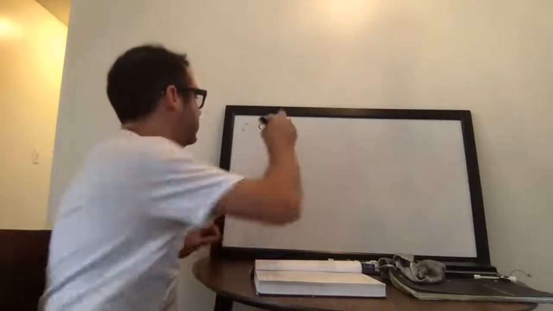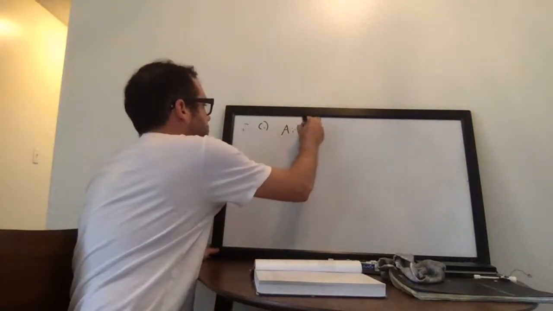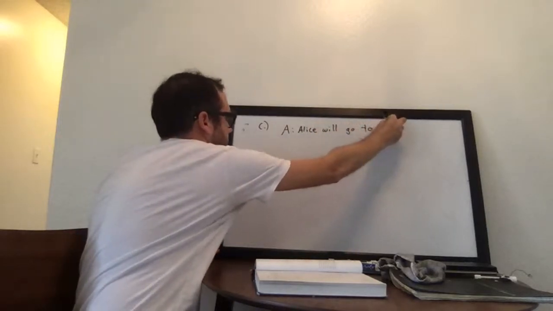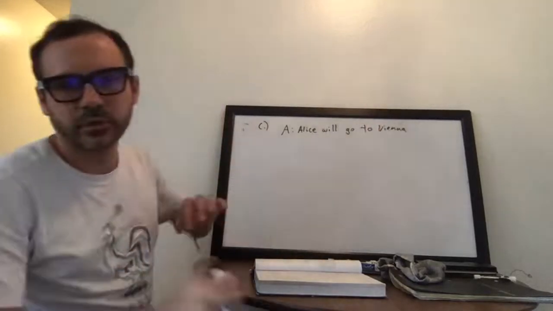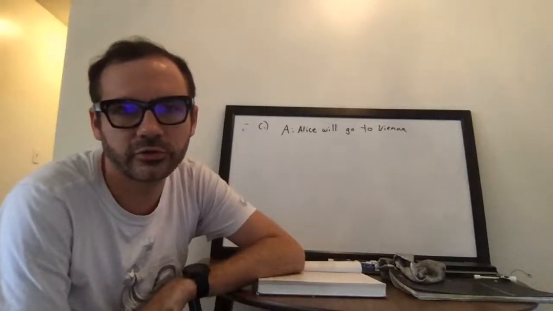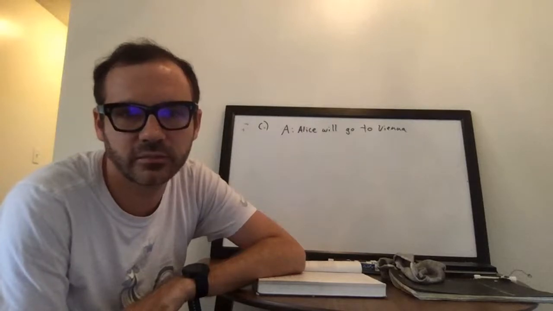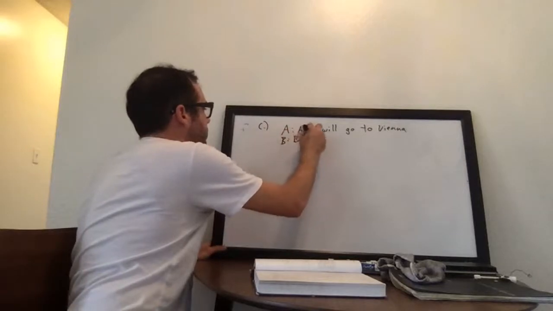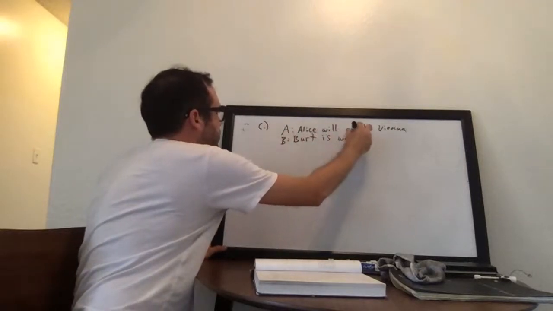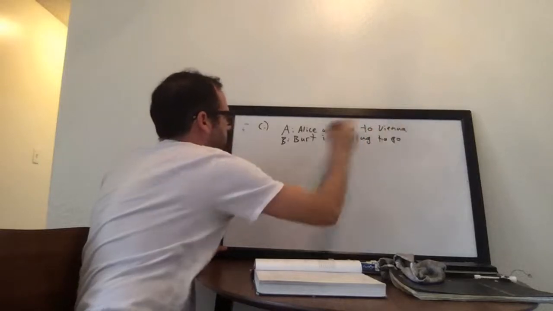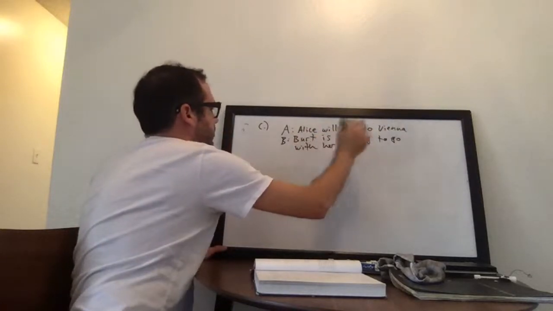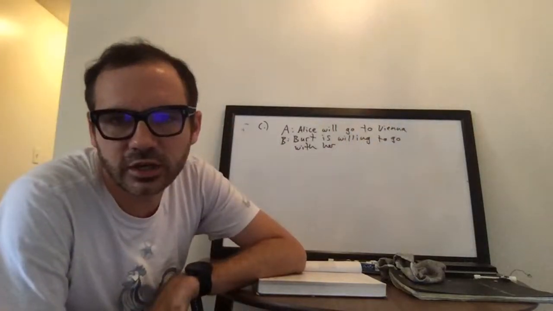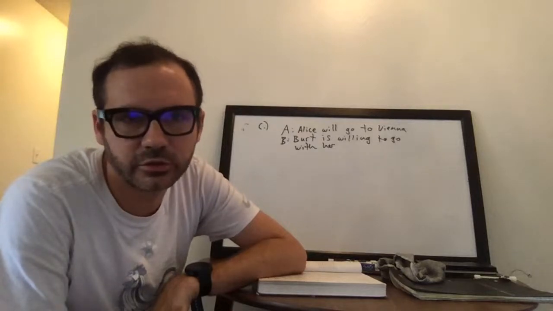Okay, so you've got, I see, good. A for Alice will go to Vienna. Okay, we also need something that says Bert is willing to go with her. B. Okay, G, I see, Ethan is for Bert speaks German. Okay, good.